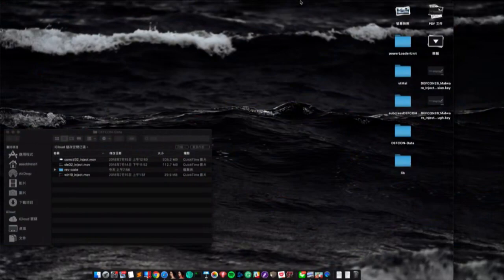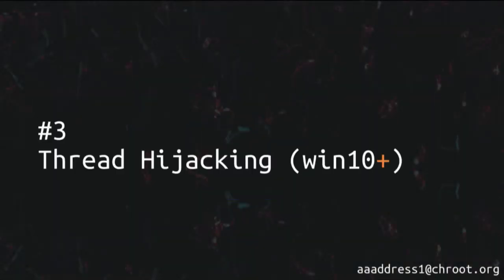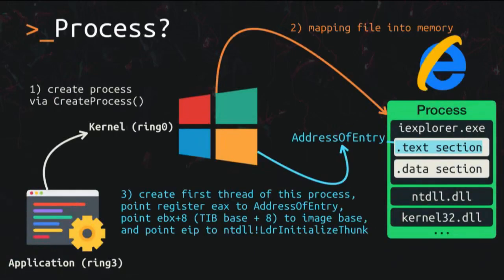Okay, so the final interesting case is thread hijacking. This vulnerable code is inside Windows 10. So if you use Windows 7 and Windows 8, you are safe. Yes, it's pretty ridiculous.